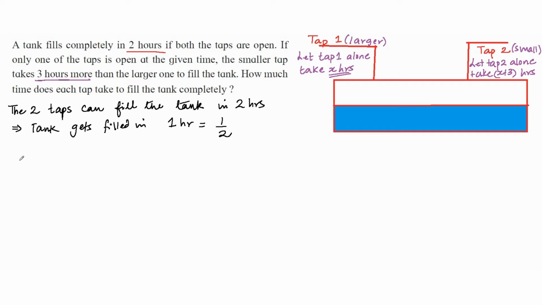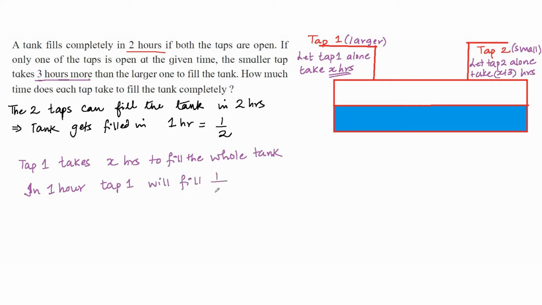So now I can say that tap 1 takes x hours to fill the whole tank, which means in 1 hour, tap 1 will fill 1/x of the whole tank, isn't it?